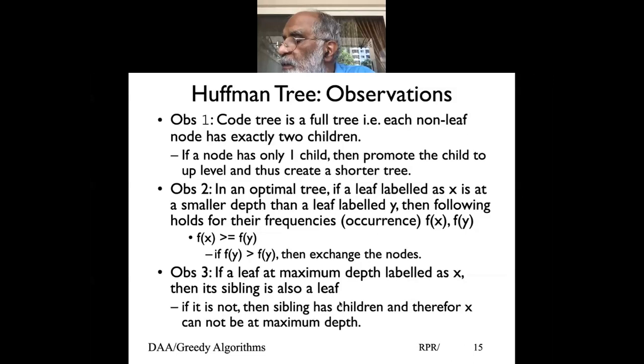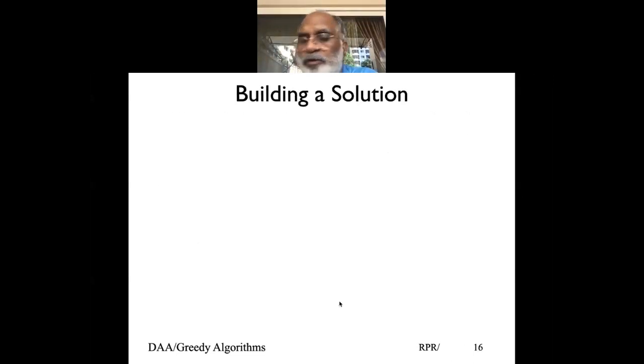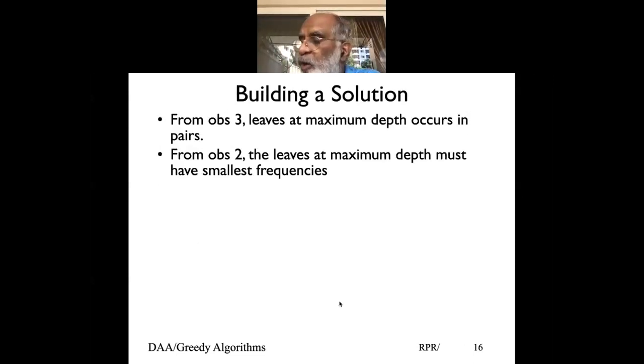So using this, how do we go about building the solution? Look, observation 3 tells us that leaves at maximum depth occur in pairs, and observation 2 tells us that leaves at the maximum depth must have the smallest frequency.